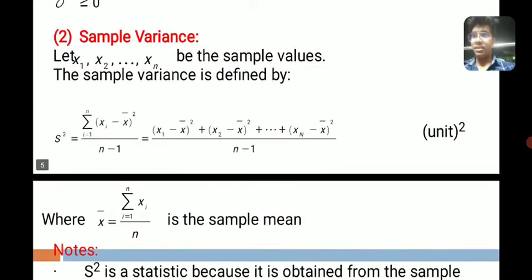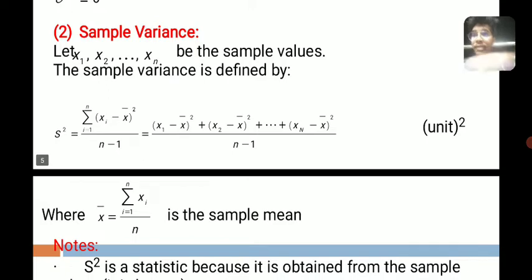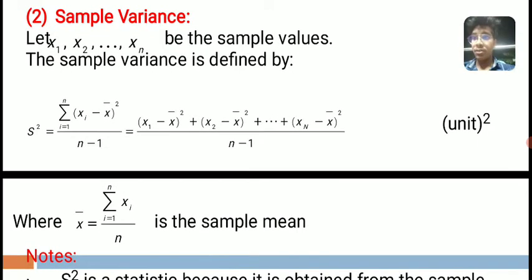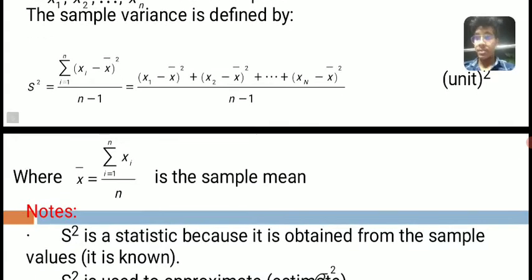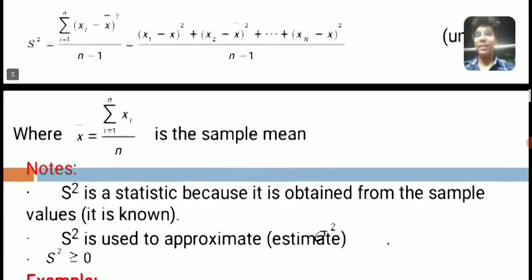Sample variance: x1, x2, x3 and so on up to xn are the sample values, where the sample variance is defined by s square equal to the summation from i equal to 1 to n of xi minus x bar whole square, divided by n minus 1, where x bar is the sample mean and small n is the sample size. Here x bar is the summation of xi by n, the sample mean.